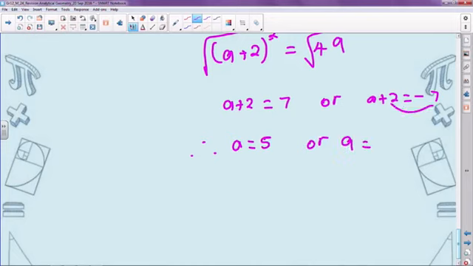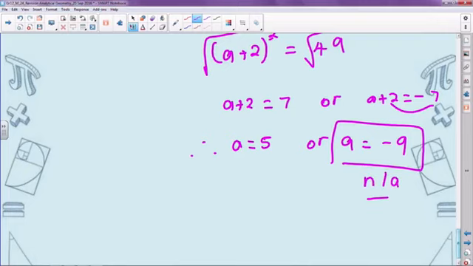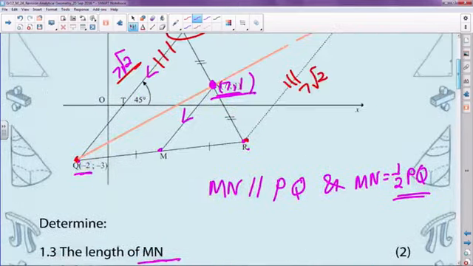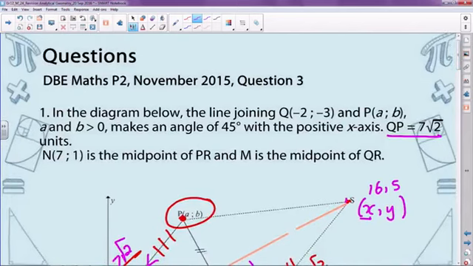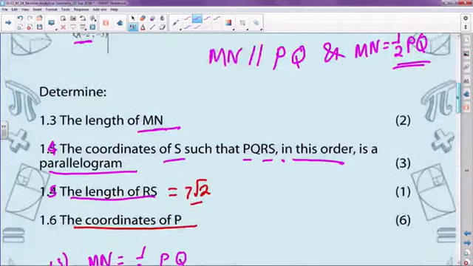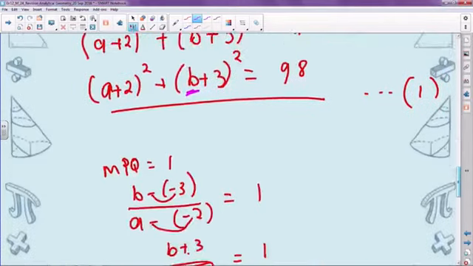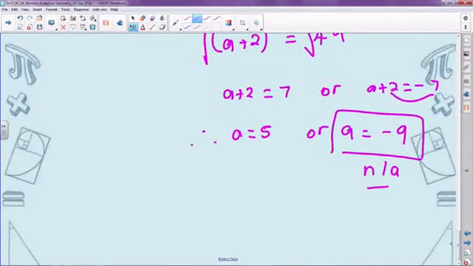Now, this answer, a is equal to minus 9, is not applicable. And the reason we don't use a is equal to minus 9 is right in the beginning, they said to us that a and b are greater than 0. We also saw that that point P falls into the first quadrant. So therefore, a is equal to 5 is the answer for the x coordinate at point P. What's the y coordinate?